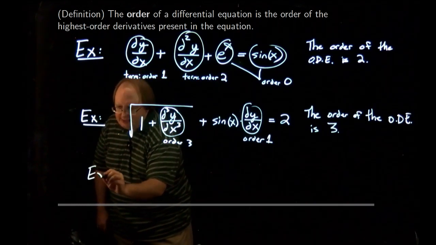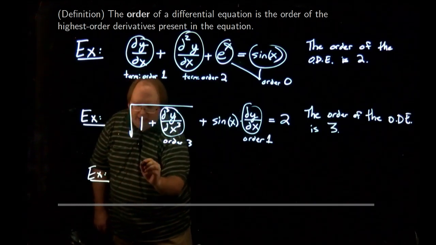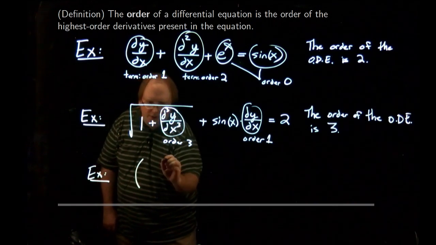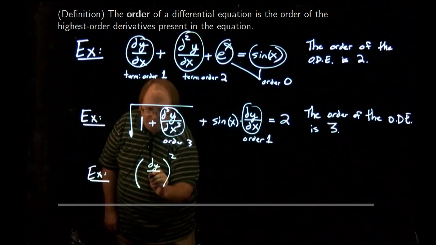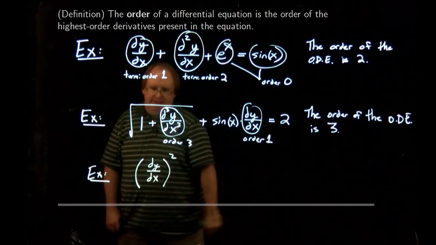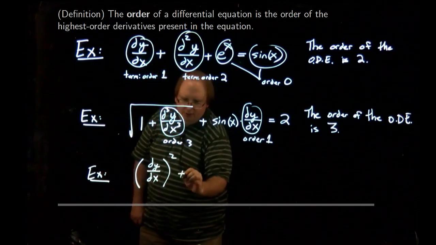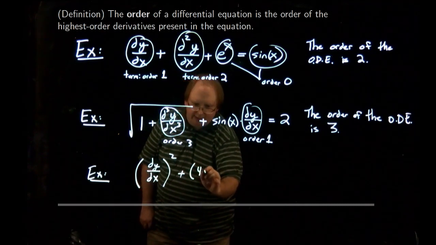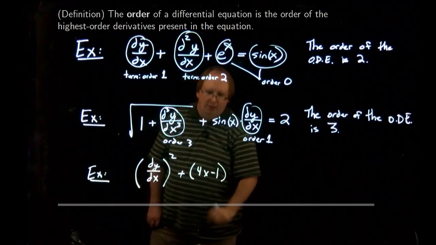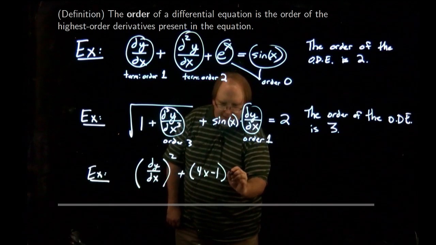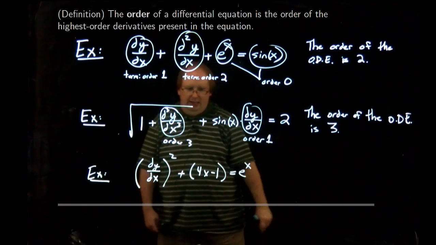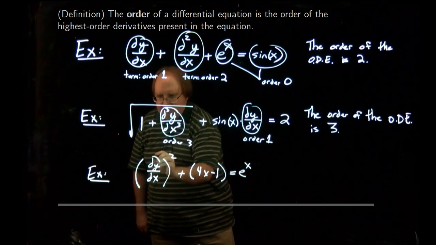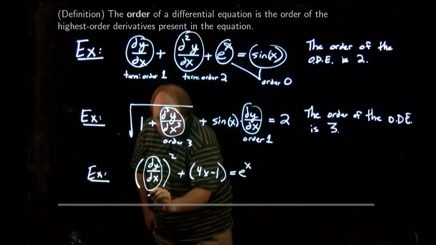Now I do want to state a word of caution, which we'll talk about a little bit more, but this next example, I'm going to have the first derivative of y with respect to x squared plus 4x minus 1 is equal to e to the x. Again, this guy right here, this is just order 1.